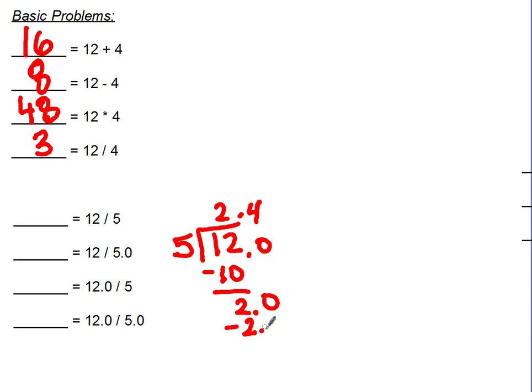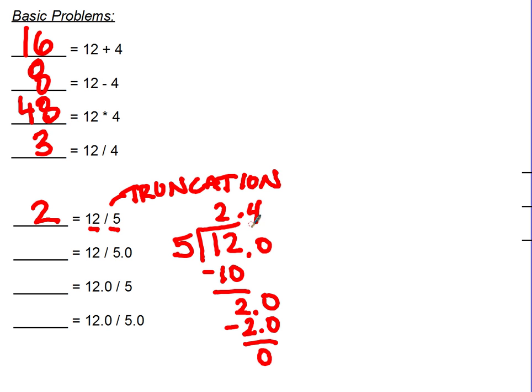You would subtract and get 0 left. But remember what I said, if you have an int and an int, you only have 2 whole numbers, your answer is going to result only in a whole number. This is where that truncation happens. You're just going to drop that decimal point.